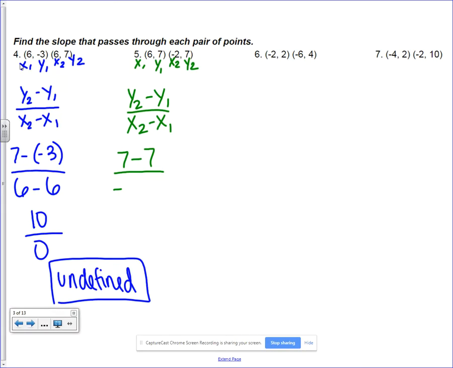Okay, no. Negative 2 is my x2. Not plus 6. It's minus 6. Isn't that my formula? x2 minus x1. So what do I get for my numerator, folks? What do I get for my denominator? What is 0 divided by negative 8? It is 0. What kind of line is that with 0 slope?